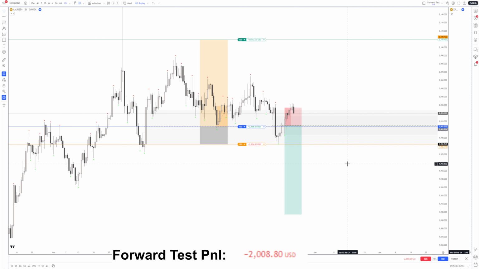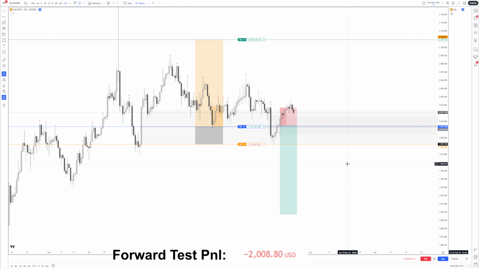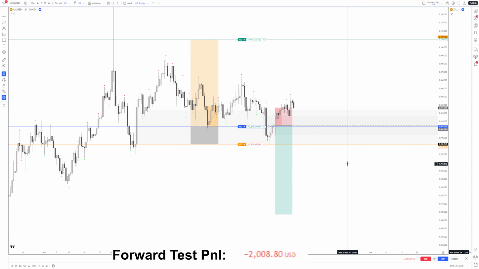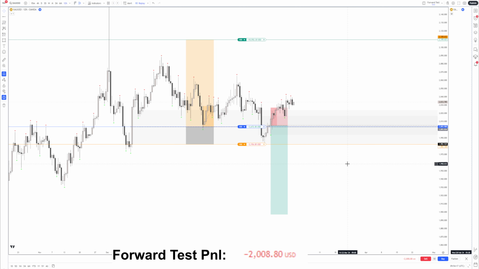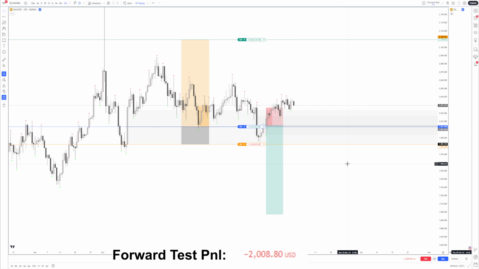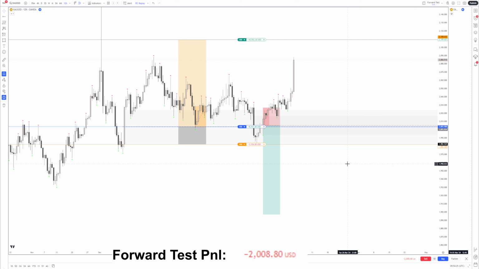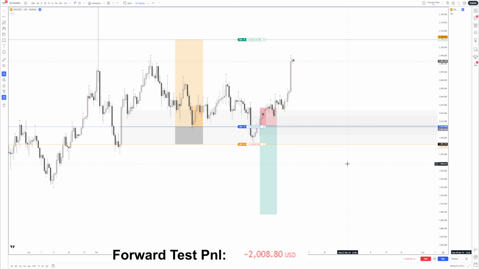Okay, we are still going sideways. Okay, just gonna let this play out. We're just going sideways at the moment. You got to remember that you're in this trade for a while. Okay, all right. Wow, we are now up 7.6k, having been in the trade for a fair while.